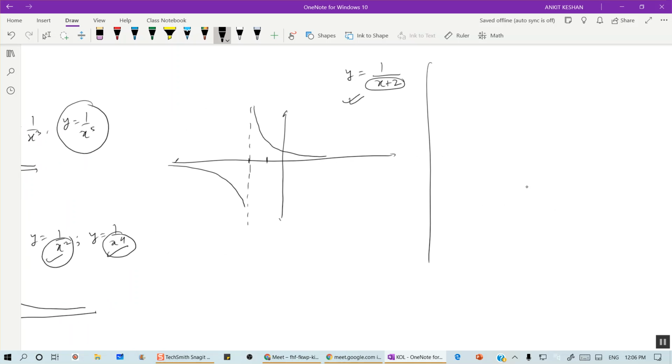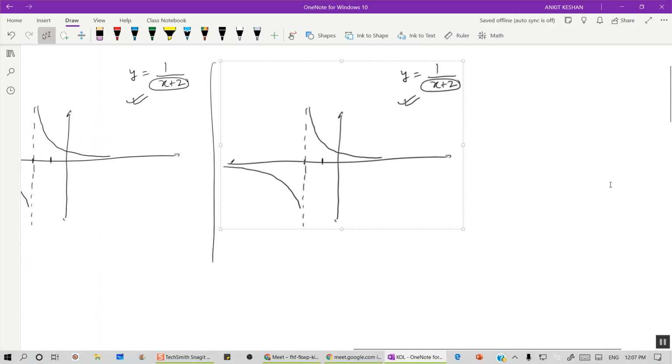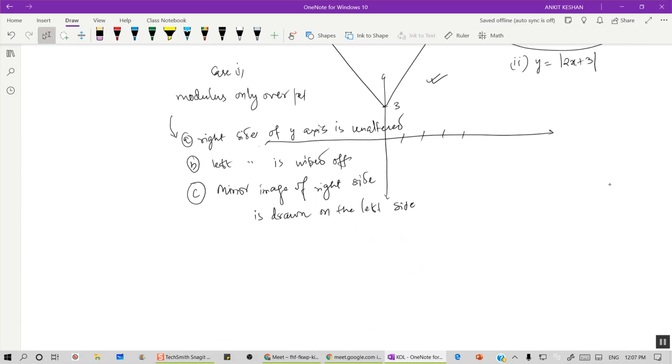Let me copy this so that we don't lose this. I told you back there that if we apply mod only over x in any function, what are the steps we have to follow? The right side of the y-axis is unaltered.